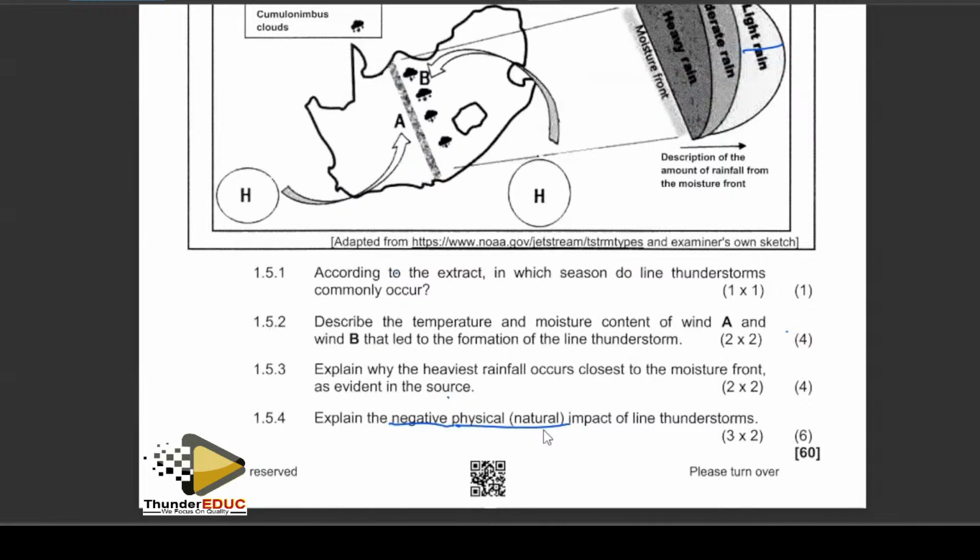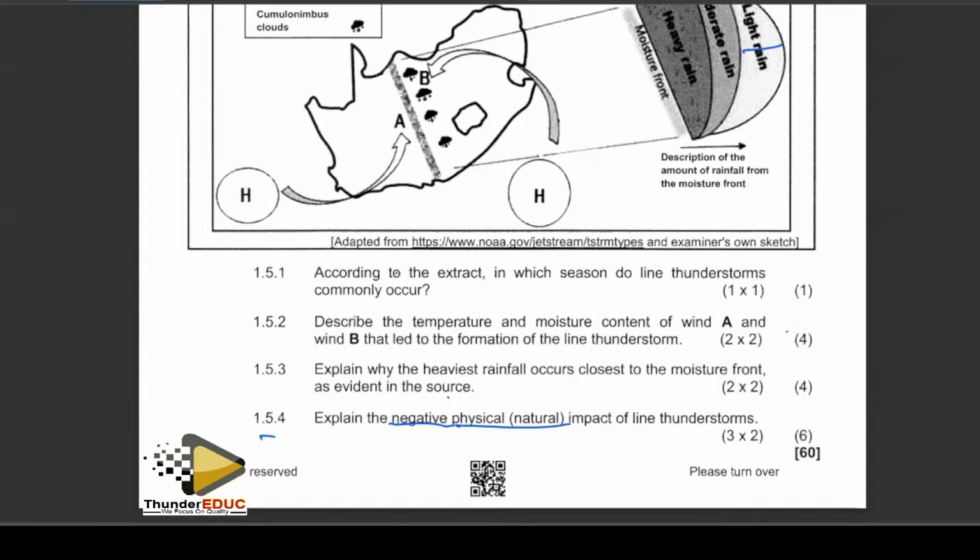We are looking at the negative impacts on the natural or physical environment, not on the human environment, not on the social life of people, or on the economy of the country. We are only worried about the physical or natural environment. How do line thunderstorms negatively impact on the natural environment?